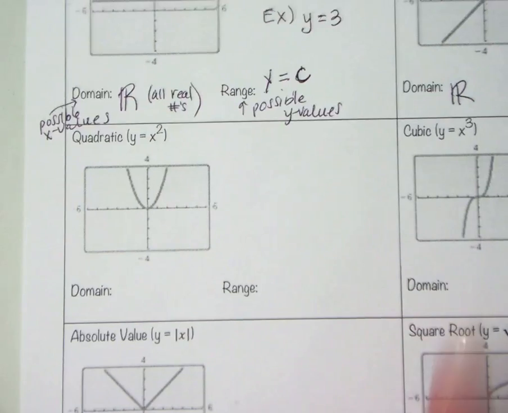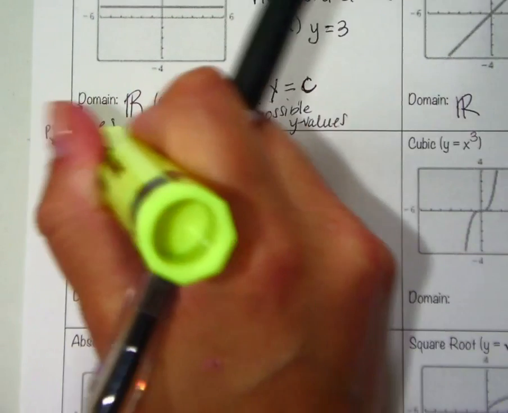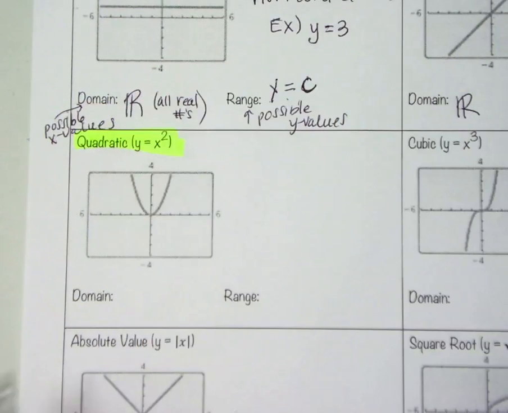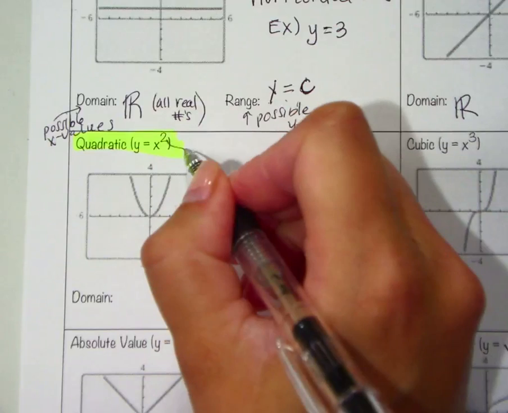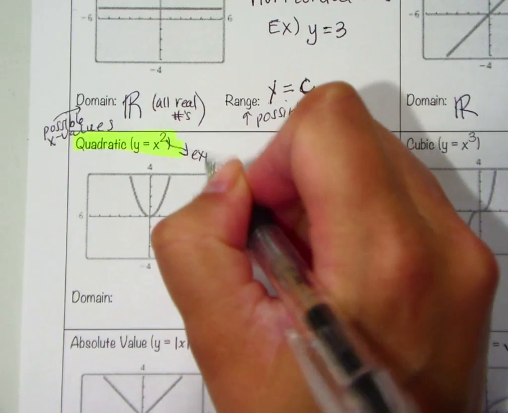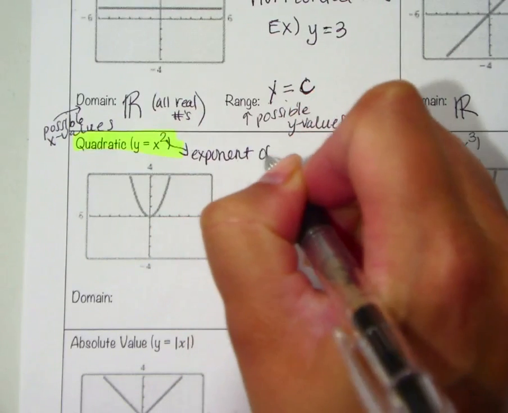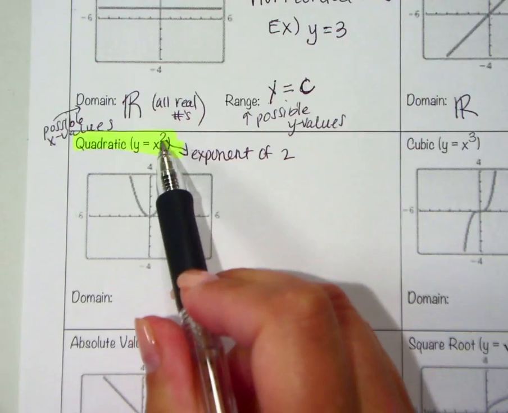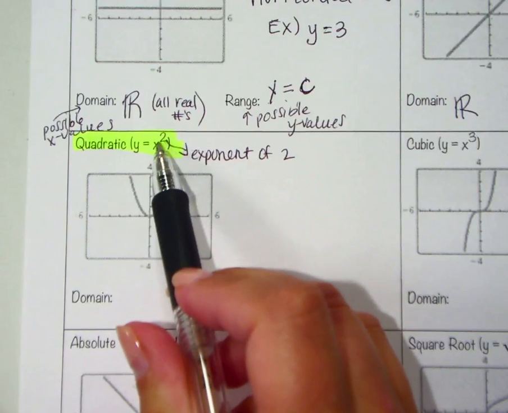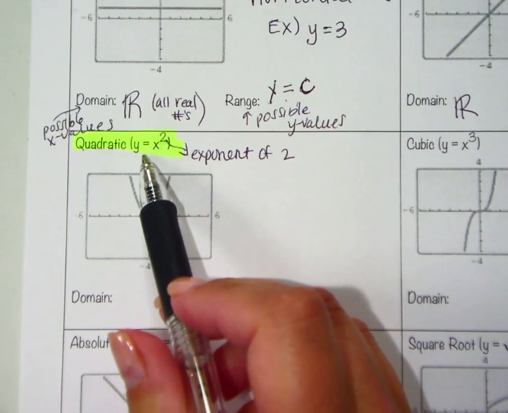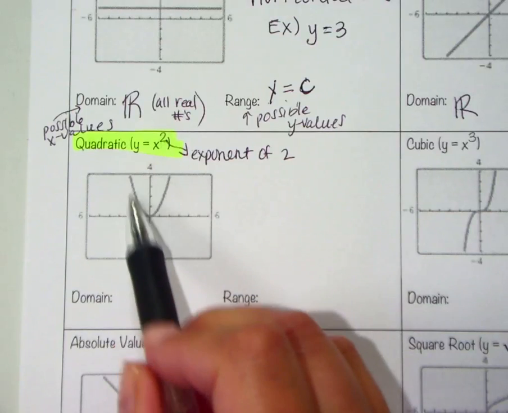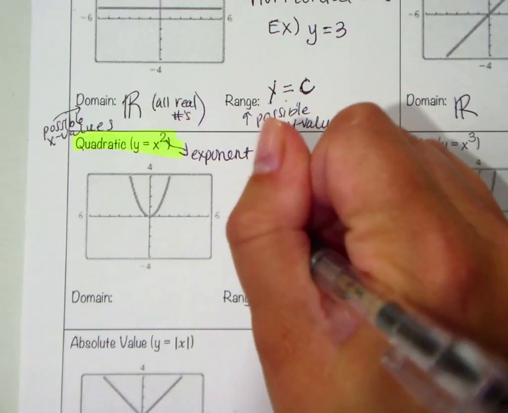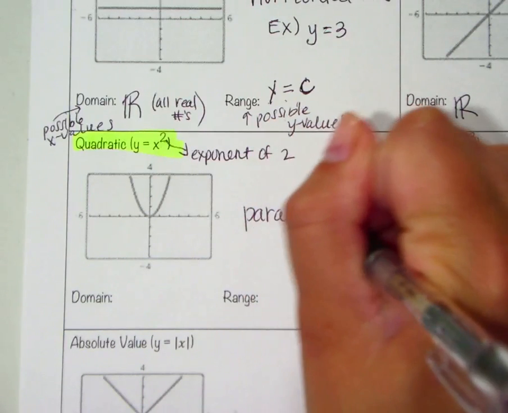The next one that we are going to focus on is our quadratic. And characteristic of the quadratic is that it has that exponent of 2. So anytime you see an equation that has that exponent of 2, you know it has to be quadratic. If you look at the graph of this, the graph of a quadratic is a parabola.